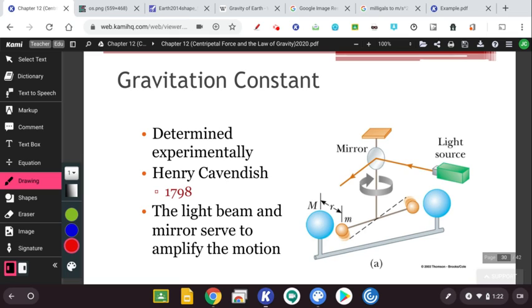And so what we're seeing here is that by using a laser and a mirror, we can make more precise measurements than just standing next to these spheres with a ruler and measuring them every couple hours, and only getting a small millimeter change at any given point.